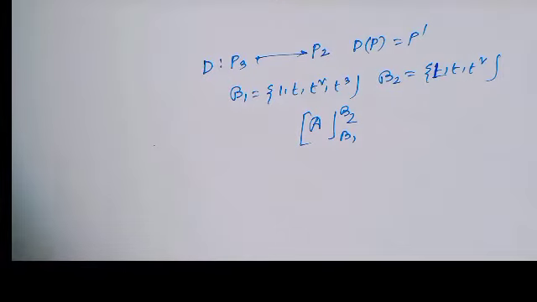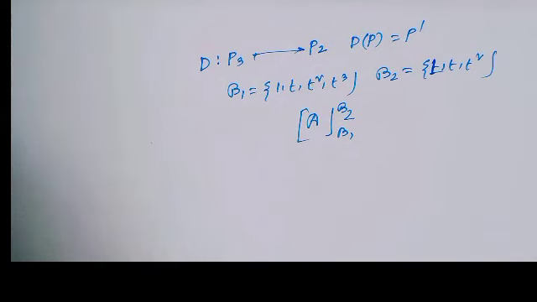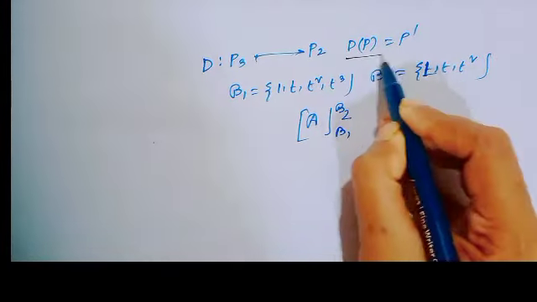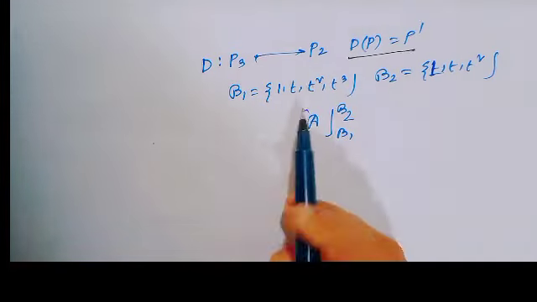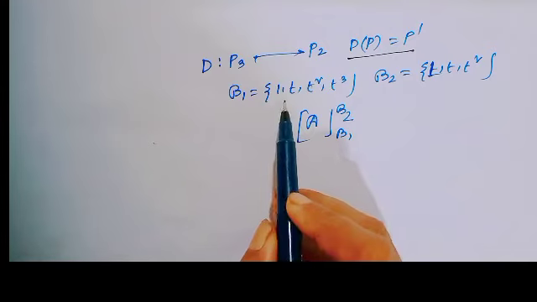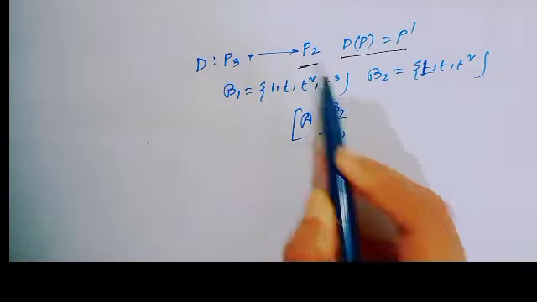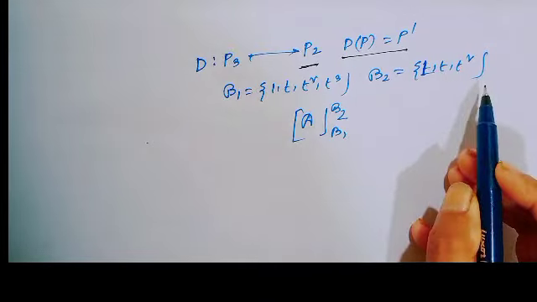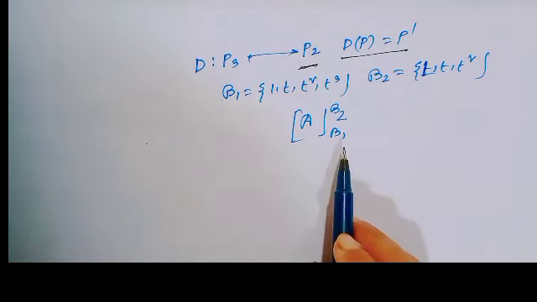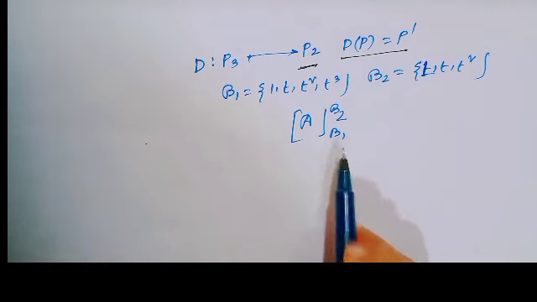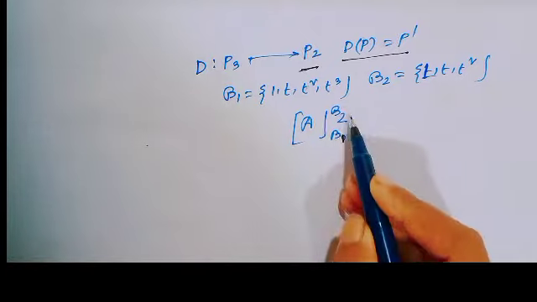Consider one similar type of example, D from P3 to P2, and the operator is of this type: D of P equal to P prime. Here the basis of P3 is written as 1, t, t square, t cube and the basis of P2 is written as 1, t, t square. Therefore, here we have to find the matrix A with respect to these two bases B1 and B2. This is the difference.